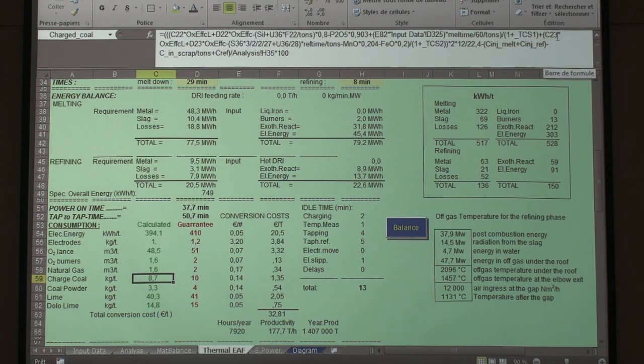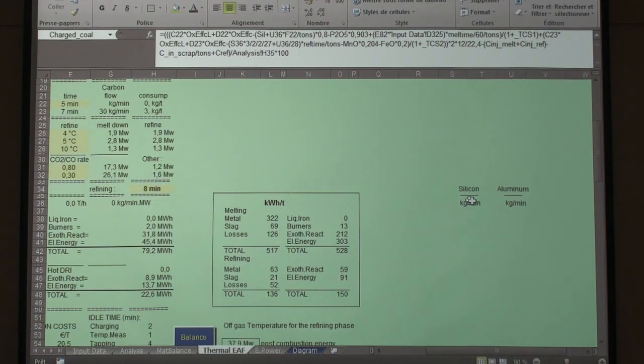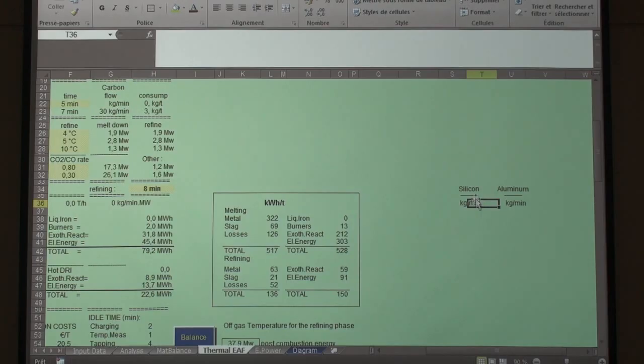So I have the oxygen from the lances and the oxygen from the cojet. And here I have the S36, which is the aluminum. S36 and U36. This one. And U36. This one.